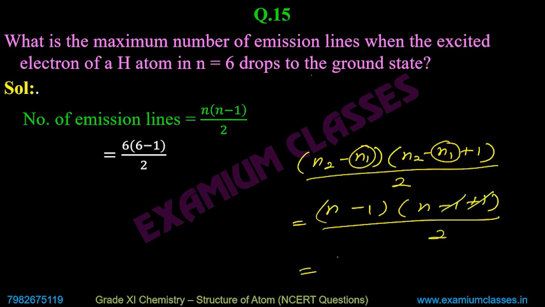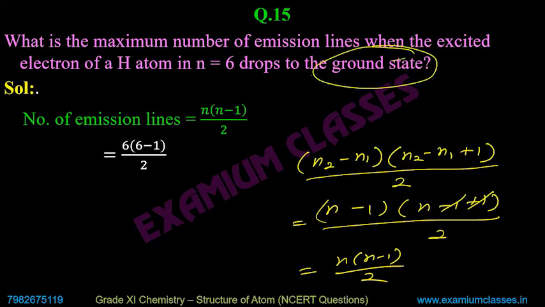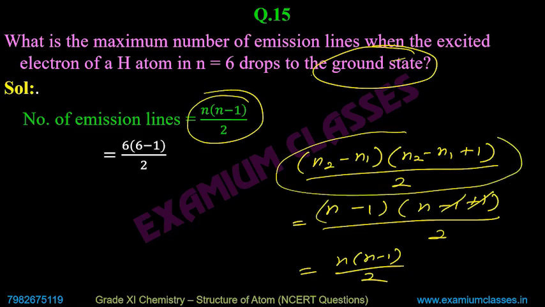This got cancelled, and you got n minus 1 by 2. So if it is to ground state, I would suggest that you use this formula. If it is not ground state, say n equals 7 to n equals 3, then use the general formula. So the number of emission lines is 15.